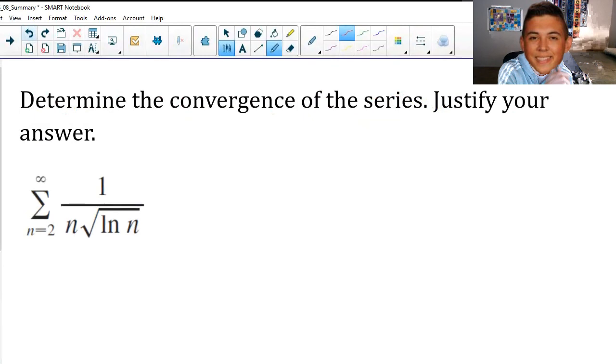It doesn't look like a P series. Comparison test is a possibility, but I would be hasty about comparing like 1 over n to square root of natural log of n. I wouldn't be comfortable saying this one side is definitely larger or smaller than the other, depending on what the value of n is. Okay, so that one might be tricky.